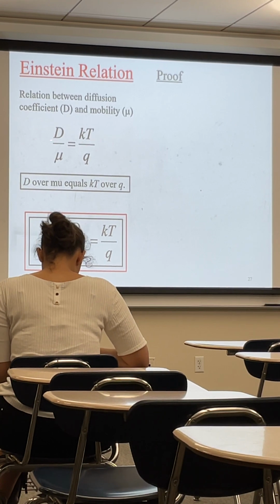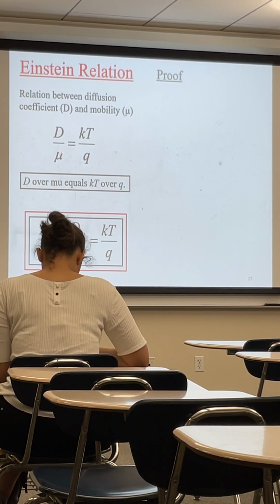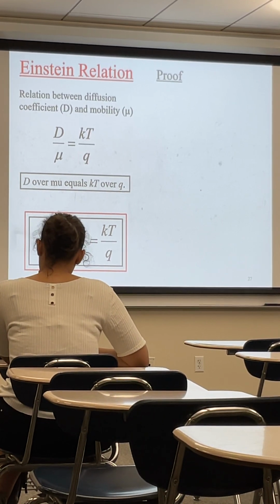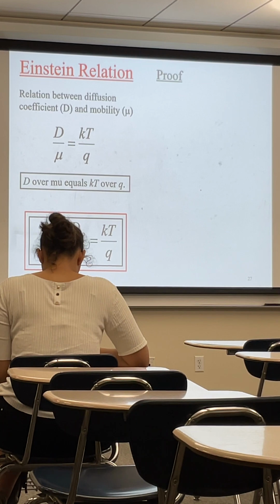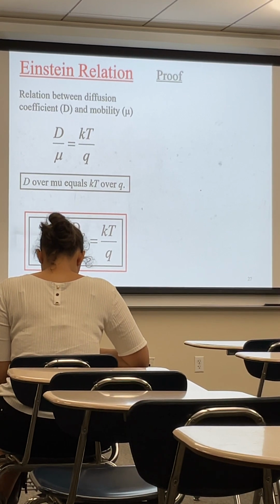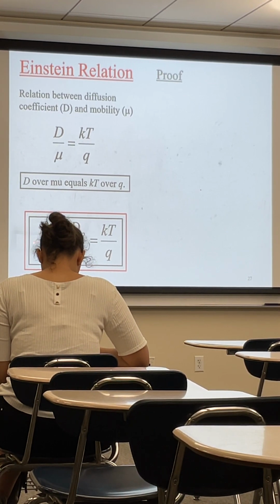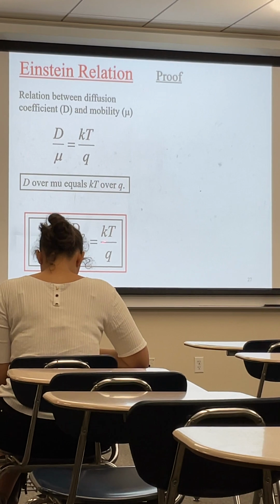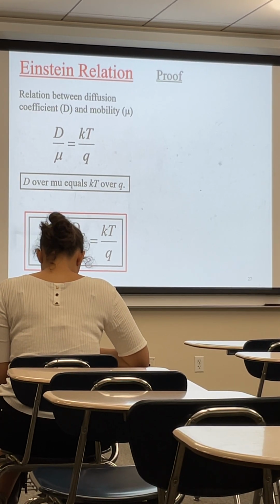So if you know D, you can calculate mu easily, and otherwise, if you know mu, you can determine D easily. This relationship is valid for both electrons and holes. So we have D_n over mu_n equals kT over q, or D_p over mu_p equals kT over q.